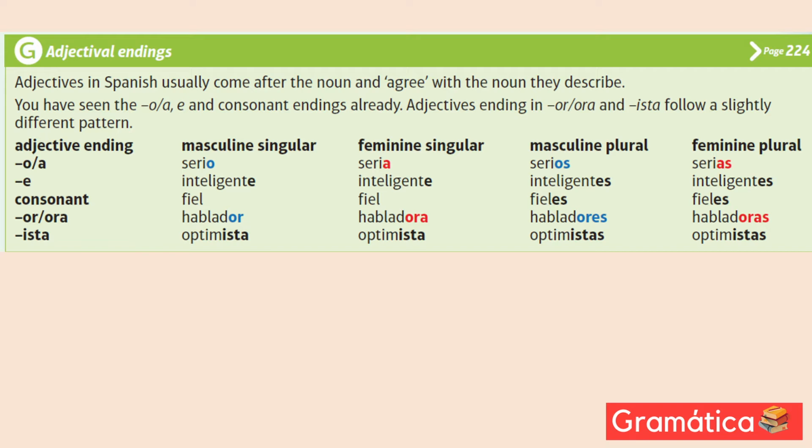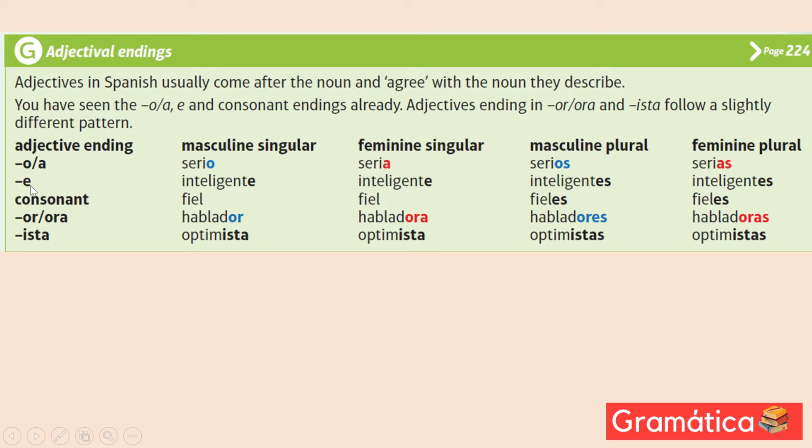In Spanish, the adjective will come after the noun in most cases, and it's really important that this adjective agrees with the gender of the noun. So here we have any adjectives ending in an O or an A, they change for the noun. So serio, seria, serios, serias.